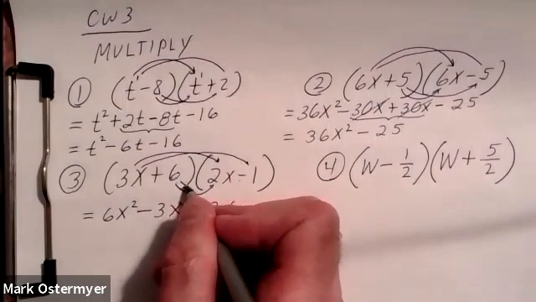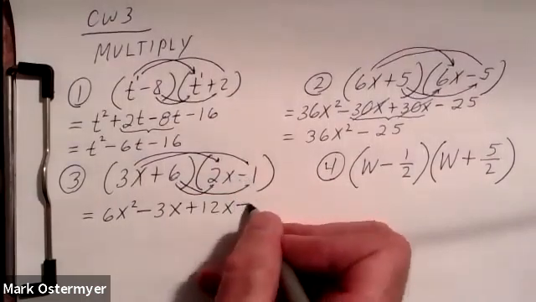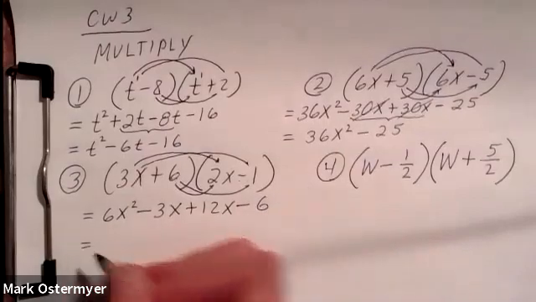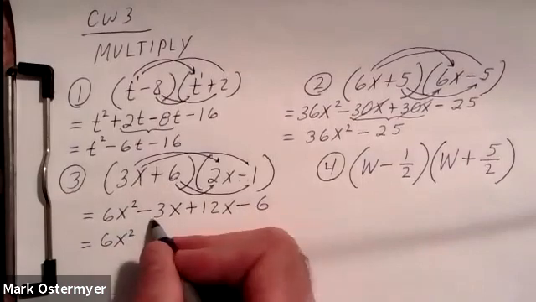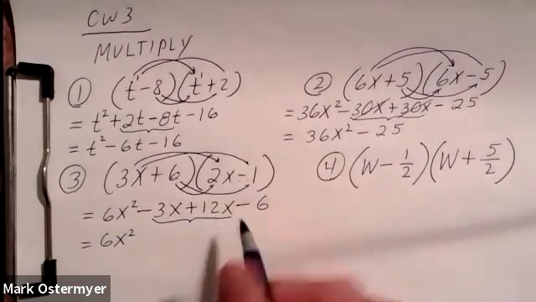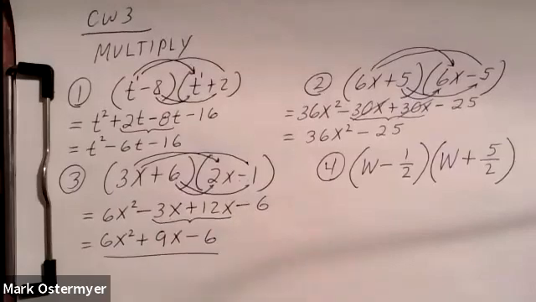Multiply the last terms together, 6 multiplied by -1 is minus 6. Combine the middle two like terms. So we'll have 6x squared. What's -3x plus 12x? 9x. Plus 9x, and then minus 6. That's your answer for that one.